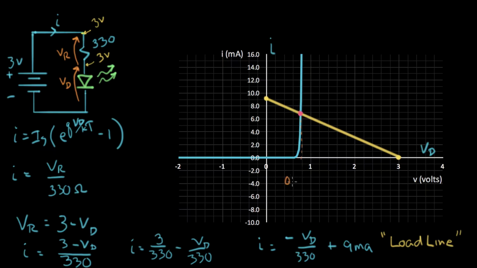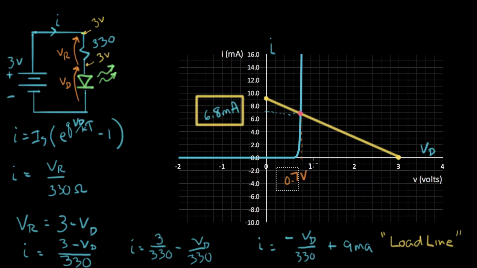Right there is about 0.7 volts. And if I read off the current, just straight across there, it's about 6.8 milliamps of current.